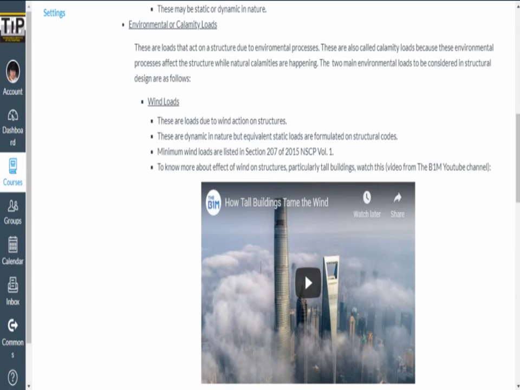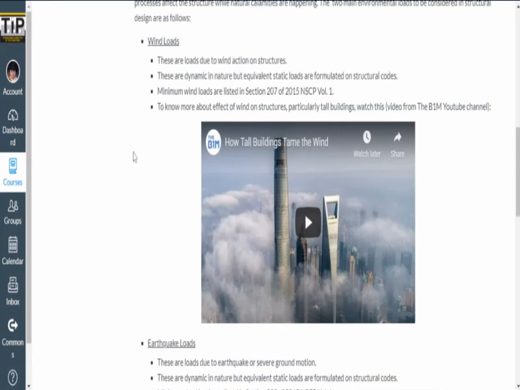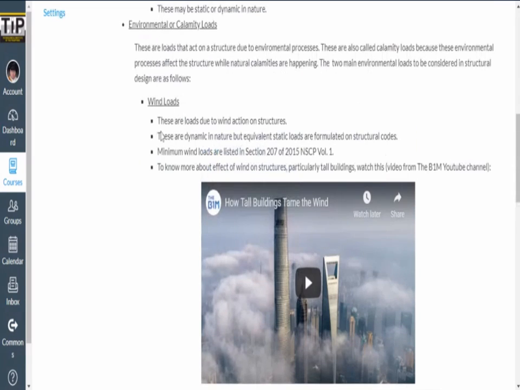Although it does not give us the actual behavior of the structure due to wind, it only estimates. Okay. So minimum wind loads are listed in section 207.